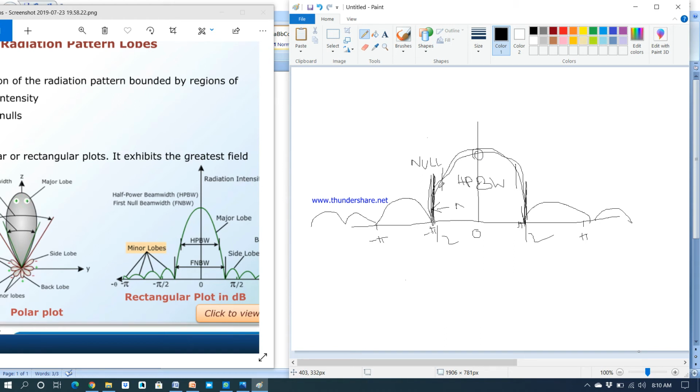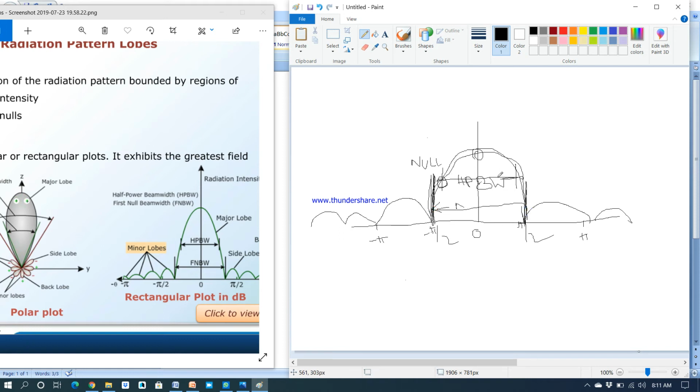The radiation energy is half at these points, so the difference between these points is what we call half power beam width. So the half power beam width is one antenna parameter. The difference between the first nulls is called first null beam width, FNBW.